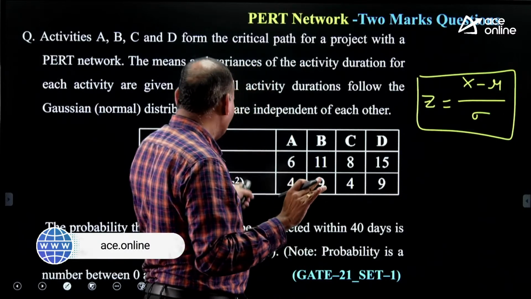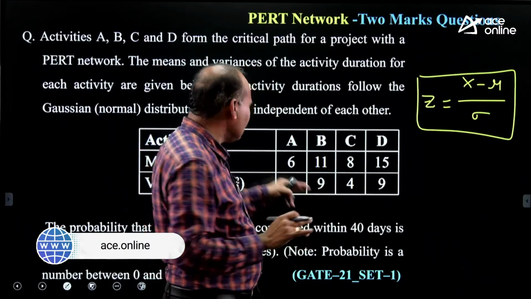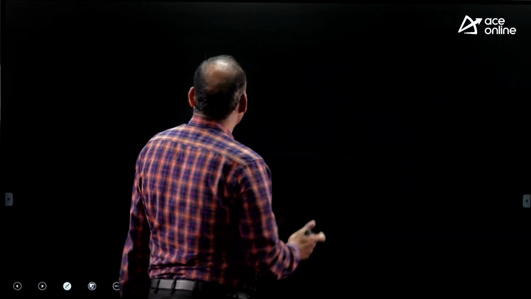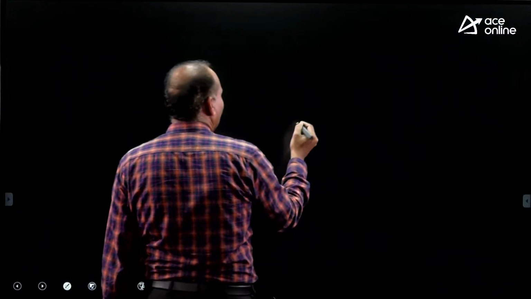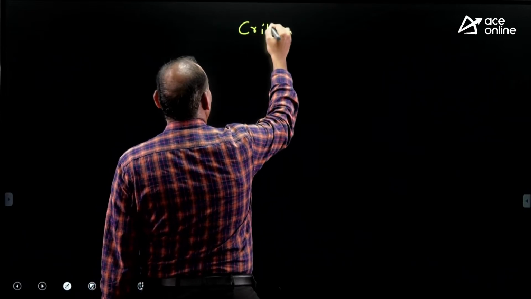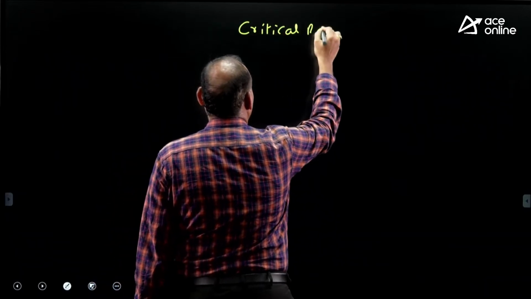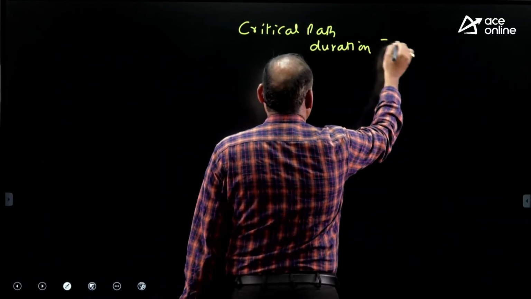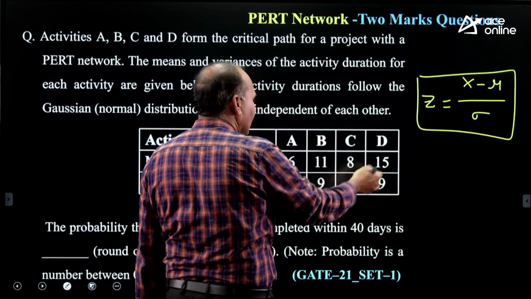So first of all, take the critical path duration. In this, 4 activities are mentioned on the critical path. Critical path duration is equal to 6 plus 11 plus 8 plus 15.